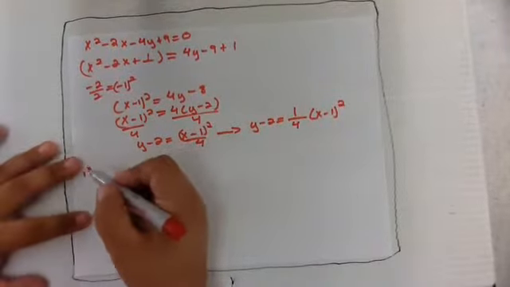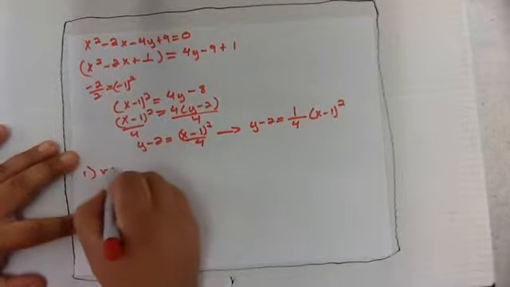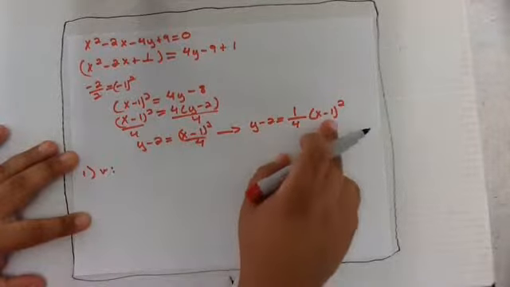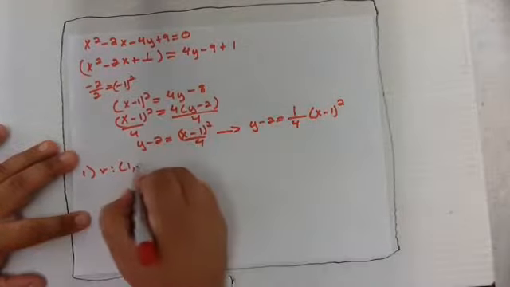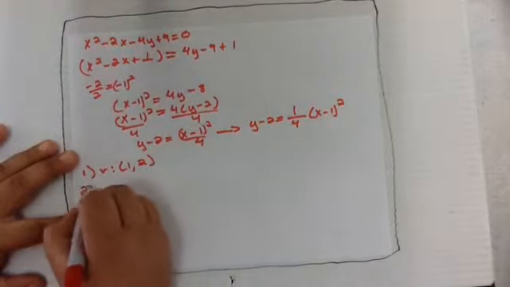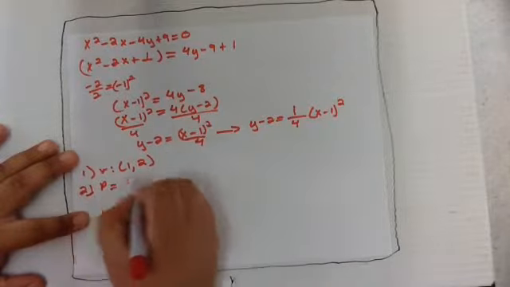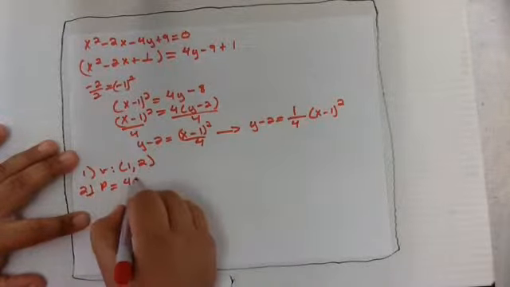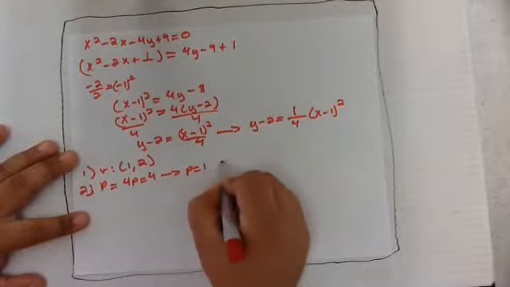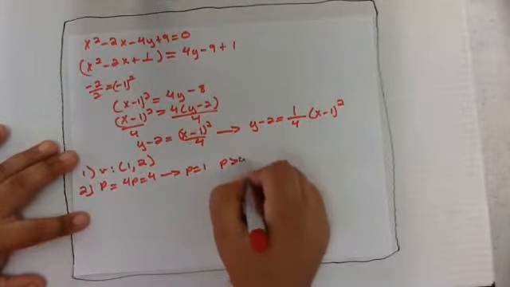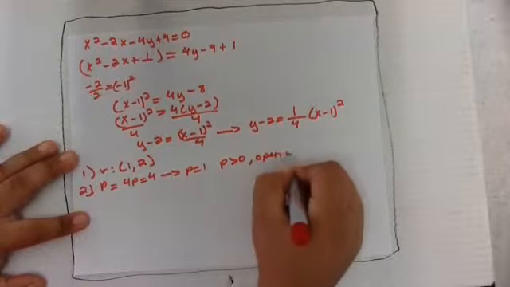So from here we can find our vertex. The vertex is going to be at h and k. So our h is 1 and our k is 2. Our p, well, we know that 4p equals 4. So then p equals 1. Since p is greater than 0, then it's going to open up.